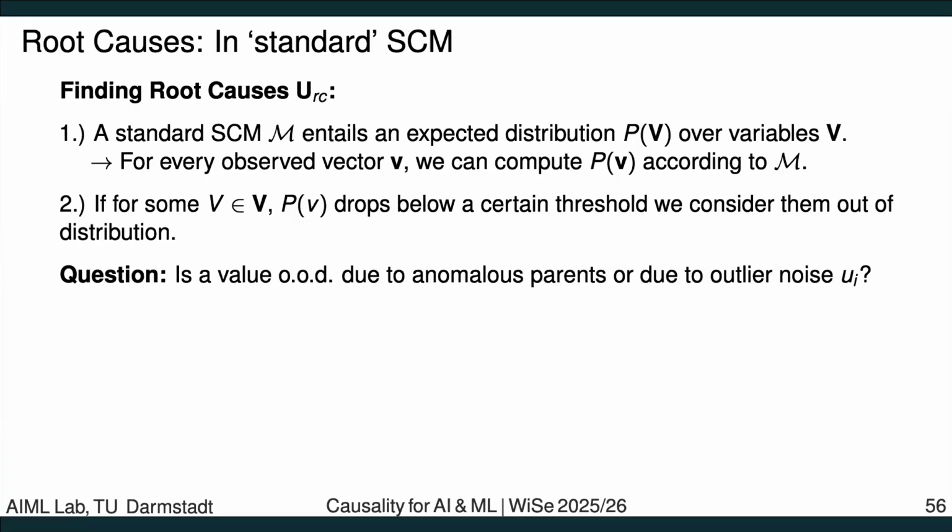The question that we then always need to ask is whether this out of distribution value is due to anomalous parents. Did I at this particular variable get some values that are just weird coming in from the parents, and that throws off my value here and lowers my probability? Or is there some effect, some external noise, some whatever happening at this exact location, which leads to these outliers?